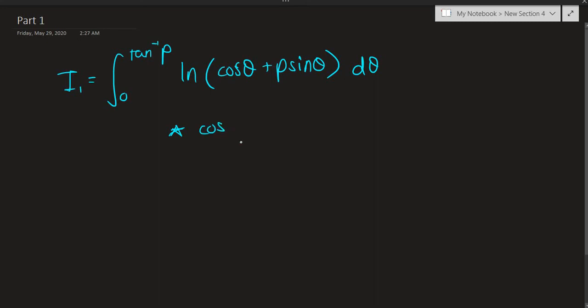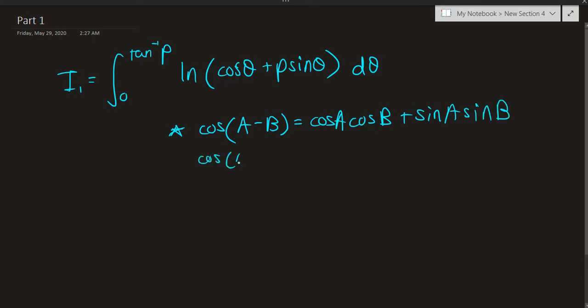that cosine of a minus b is cosine of a cosine of b plus sine of a times sine of b, and if we say b equals theta, we'll have cosine of a minus theta being equal to the cosine of a times the cosine of theta plus the sine of a times the sine of theta.